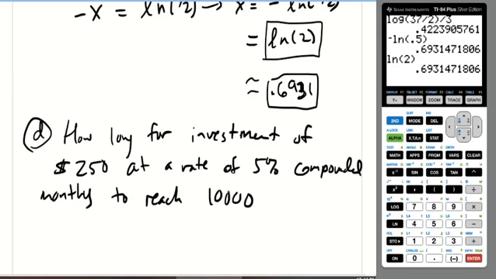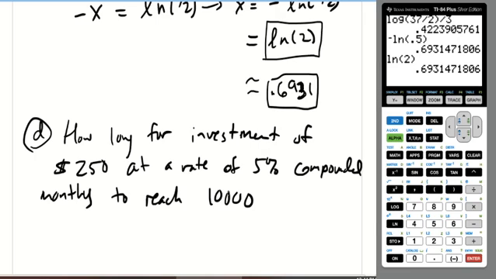All right, if you were out there trying to guess and check at the answer, that's not the right way to do it. Okay, do not guess and check. So we need to solve 10,000 equals 250 times the quantity 1 plus r over n to the nt.